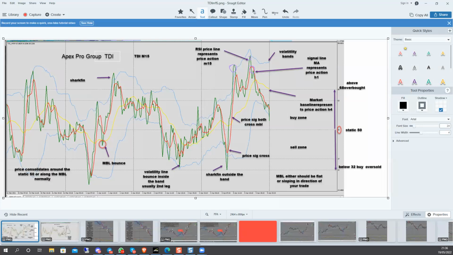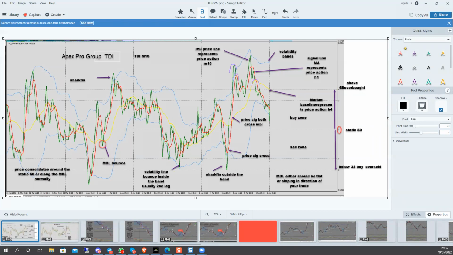So the basis of the indicator is that we can see a change in trend on M15 first, then the slower H1, and then H4. If we have all three of these in agreement with each other, then that is a good, strong confirmation of the direction of the market.